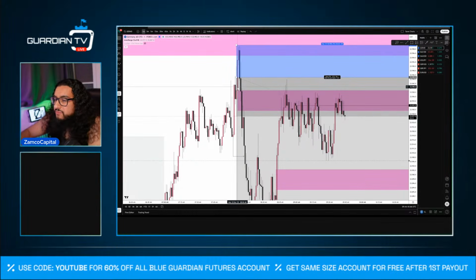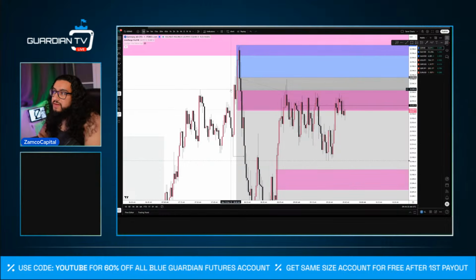When you look at fair value gaps or inefficiencies on the footprint chart, those gaps are literally areas where, in this scenario, we only had sell orders being filled, but there were no buy orders. So that is inefficient price action, and that is why I call them inefficiencies.